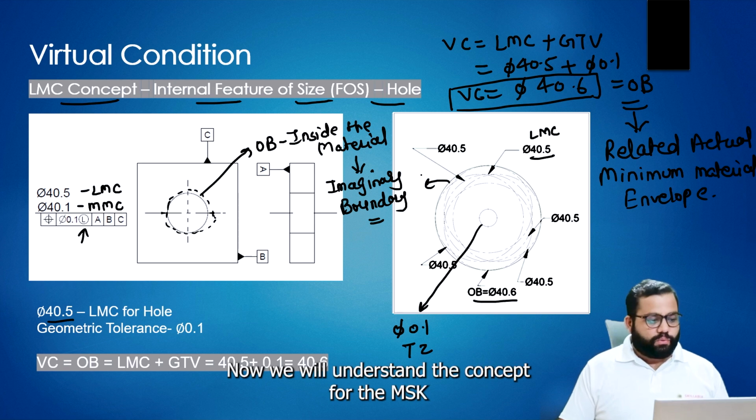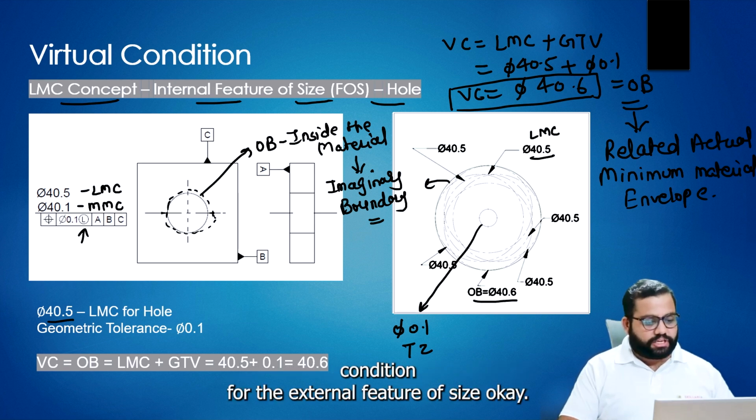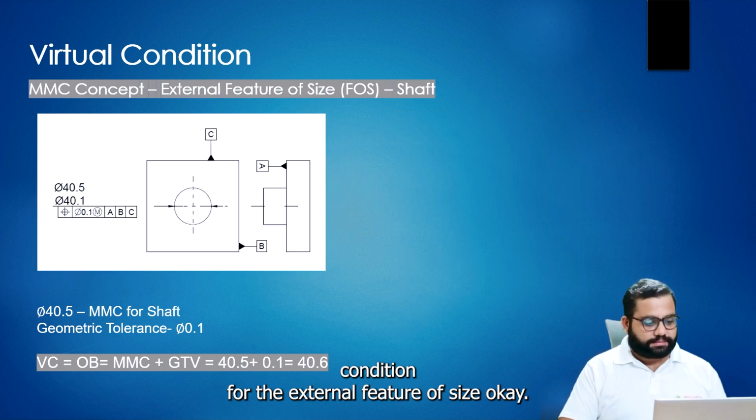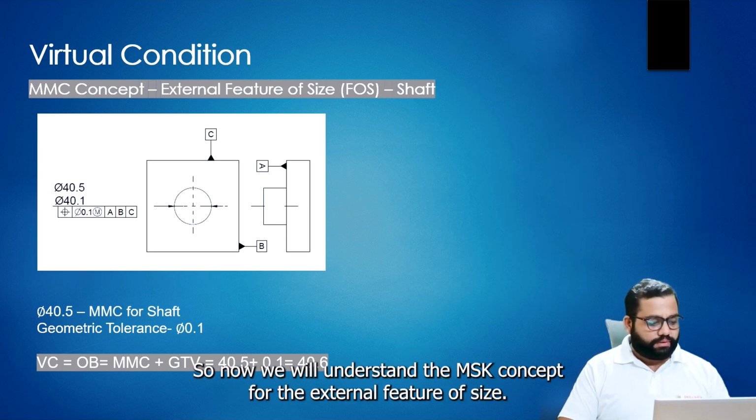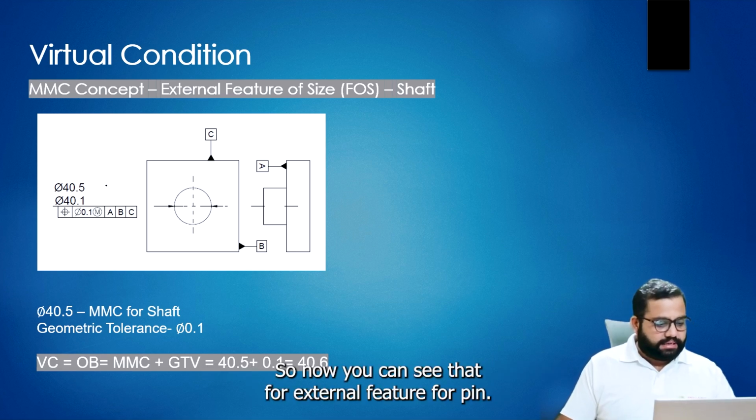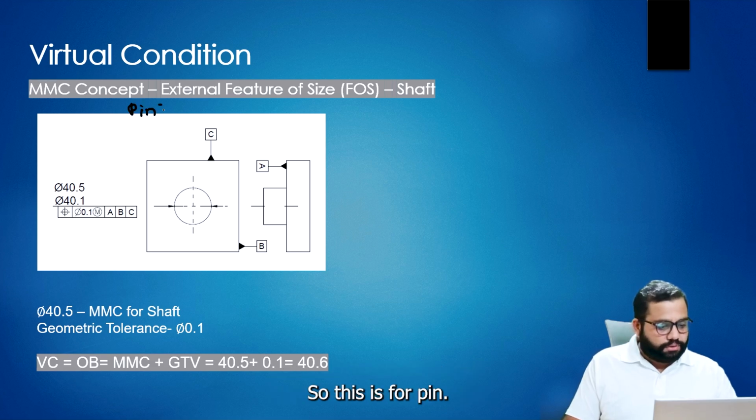Now we will understand the MMC concept for the external feature of size. You can see that this is for a pin, the external feature. This is the MMC 40.5 and this is the LMC.